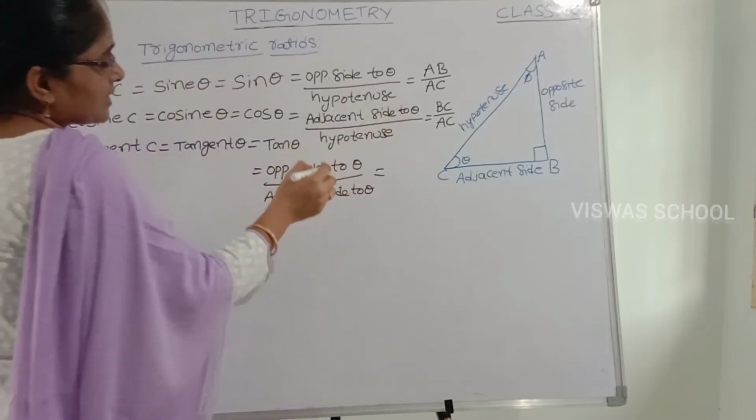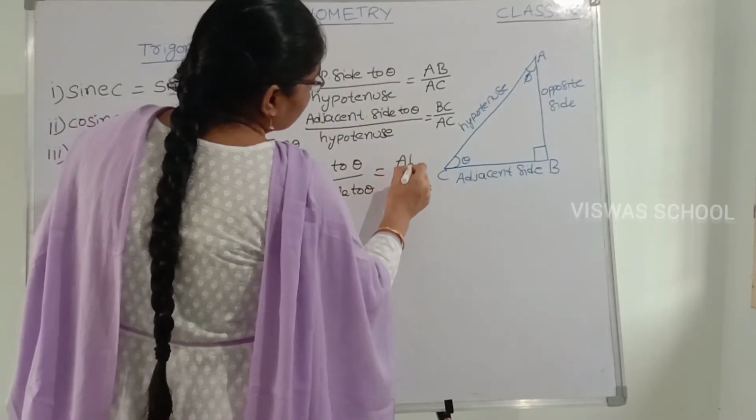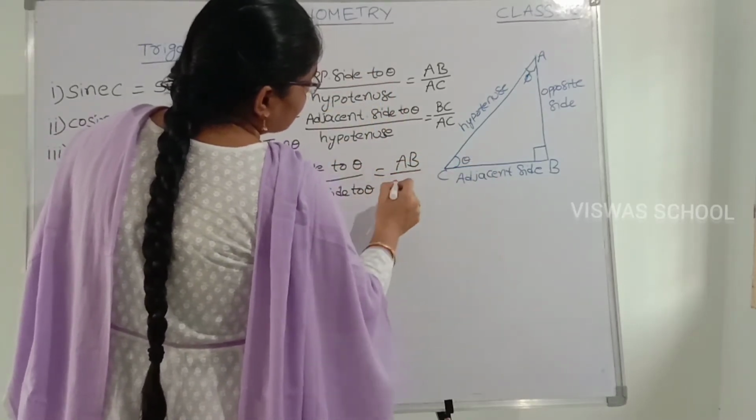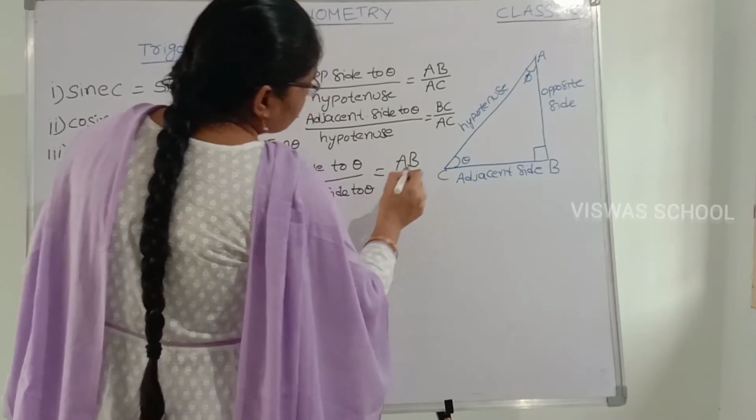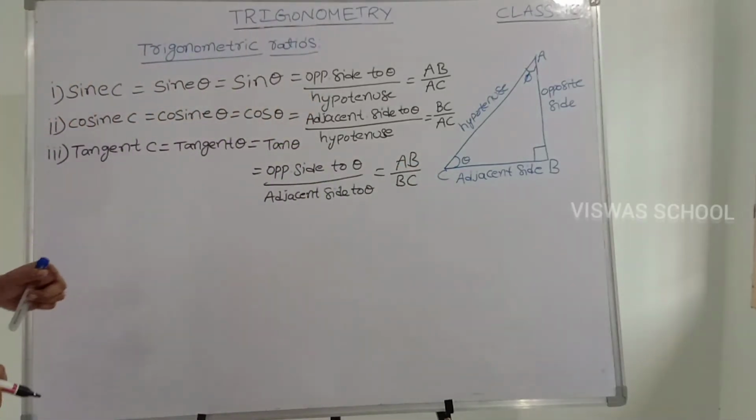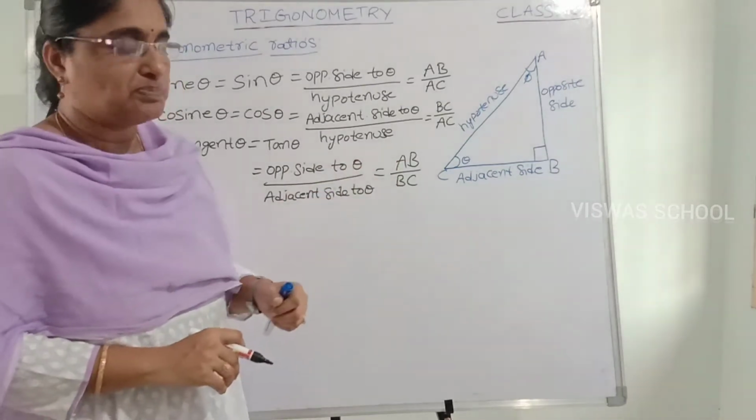That is, opposite side is AB and adjacent side is BC. So tan theta is AB by BC.